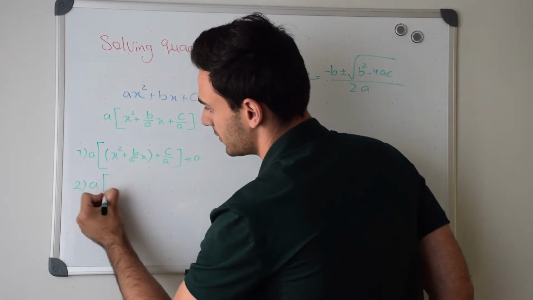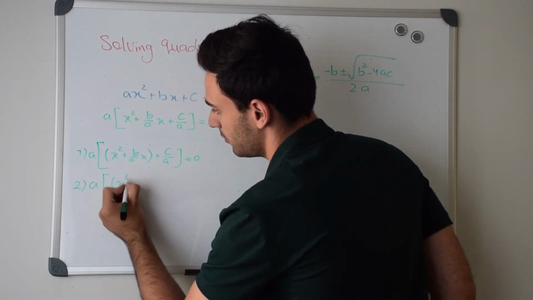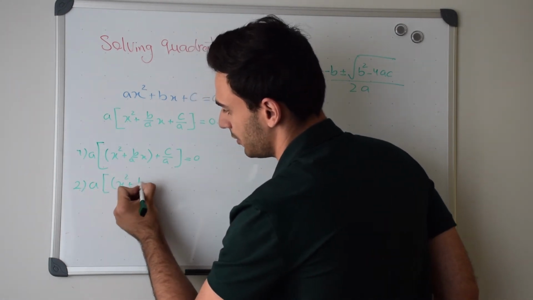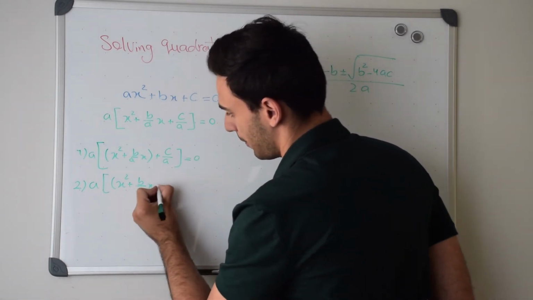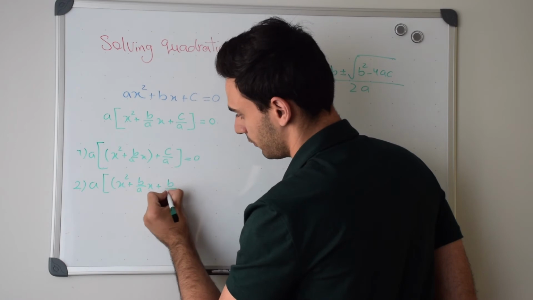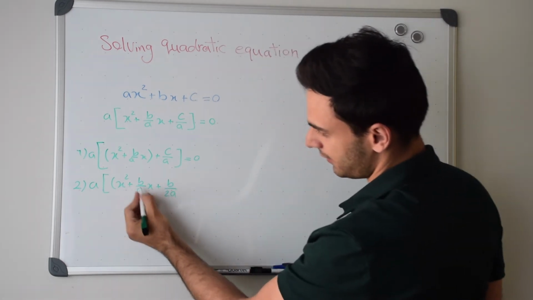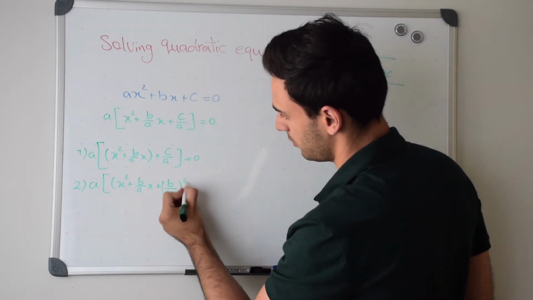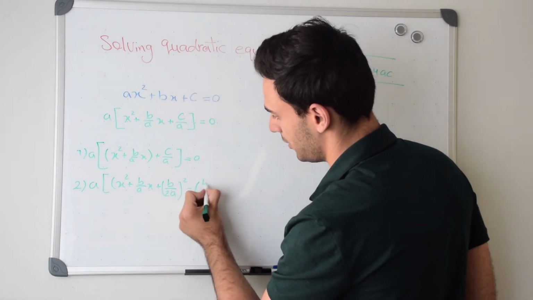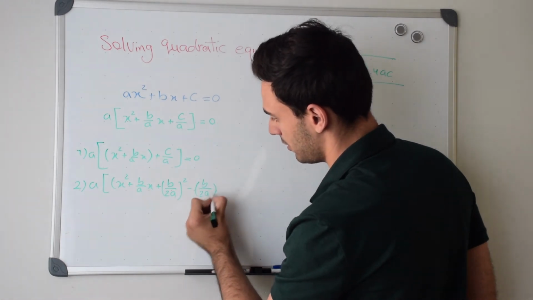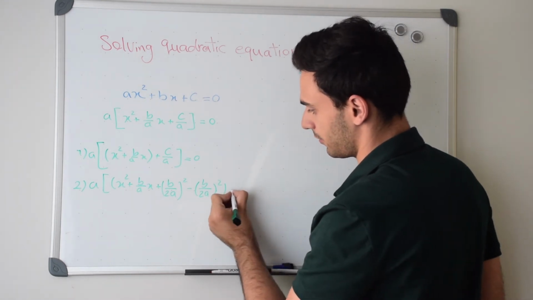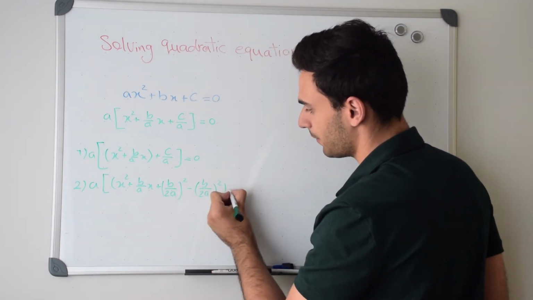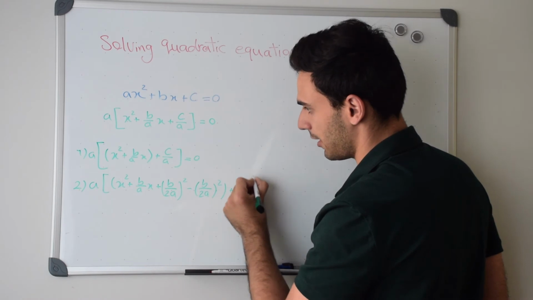So that means I'll have x squared plus b over a x, plus b over 2a, half of it, to the power 2, minus b over 2a to the power 2, close the bracket, plus c over a.